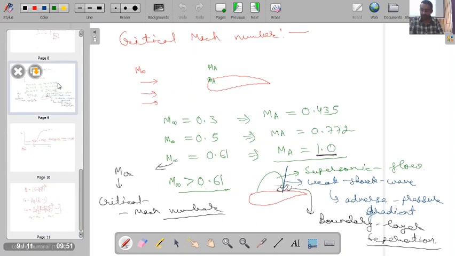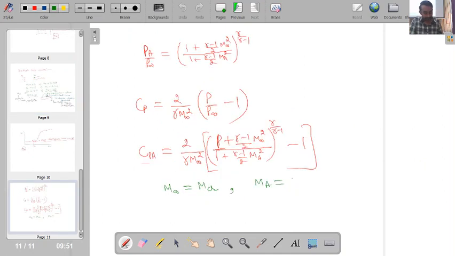Just now I have explained you. When M infinity is M critical, then MA is equal to 1. Let's substitute this over here. So if I substitute, then what will I get? I will get CPA, and this is corresponding to the critical pressure coefficient.